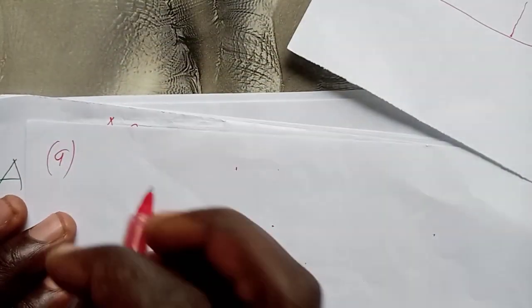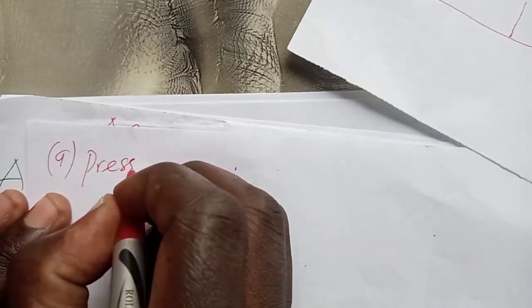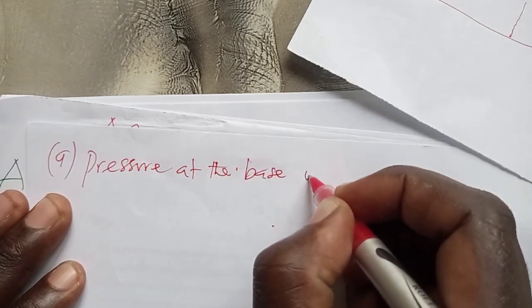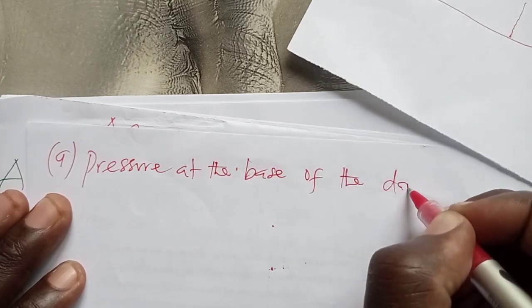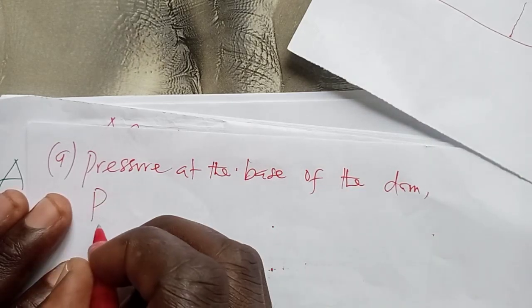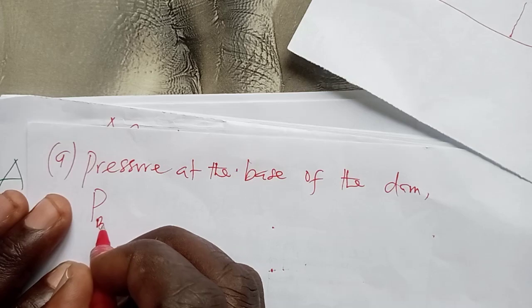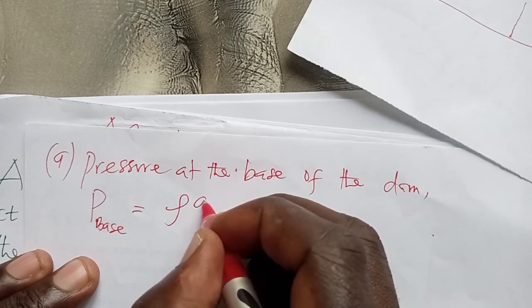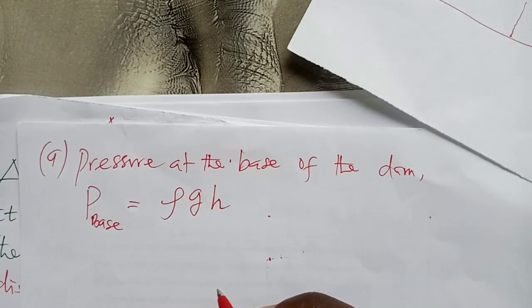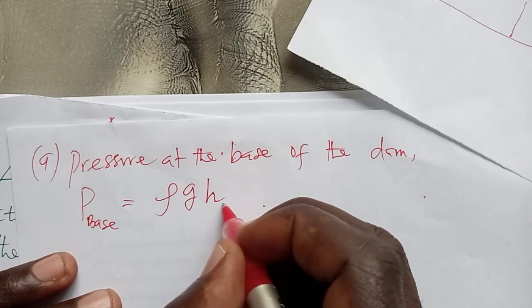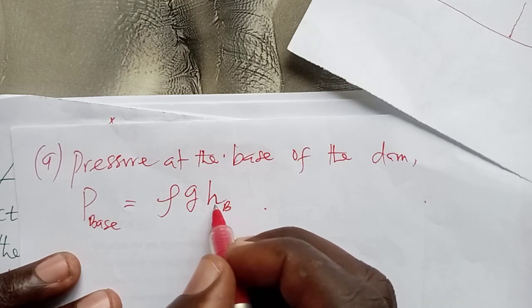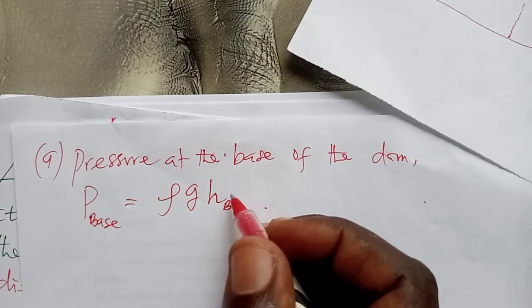Good. So the pressure at the base of the dam, we can call it P sub B, where B means base, is equal to rho g h, and I'm going to call this h sub B, meaning the depth of the water.